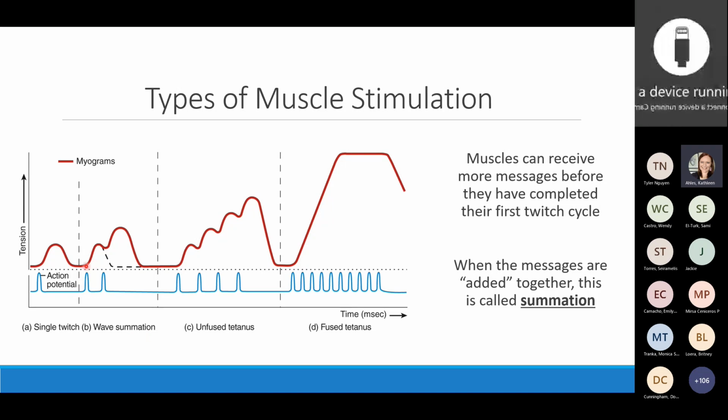We get a couple of messages, increases my tension. Unfused tetanus, caused by lots of messages that are kind of spaced out, we do still get to relax a little bit. Fused tetanus, so fast messages, we never get to relax. These are the different ways that we cause muscle fibers to contract.